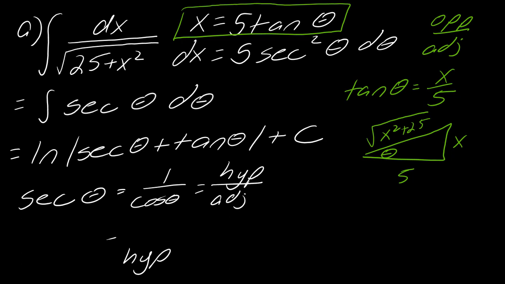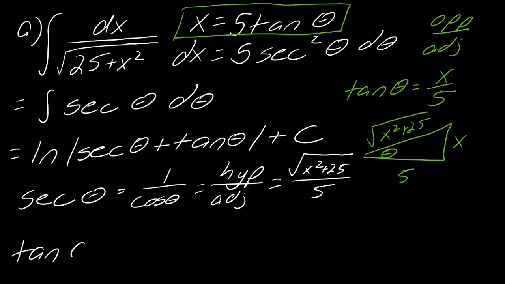So in this case, this will be the square root of x squared plus 25 over 5. And then tangent theta is opposite over adjacent, so that's just going to be x over 5.